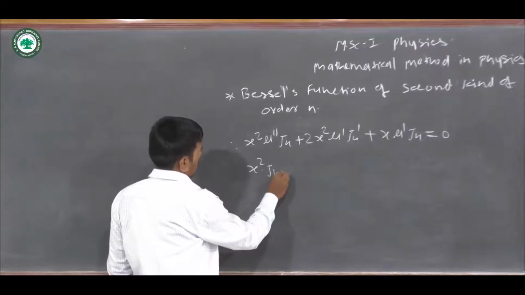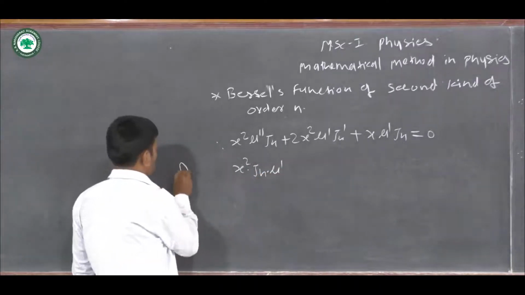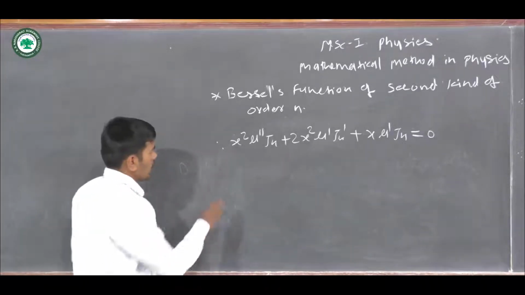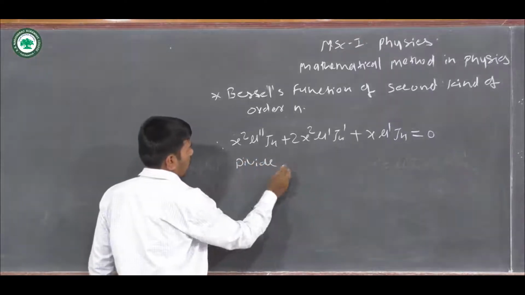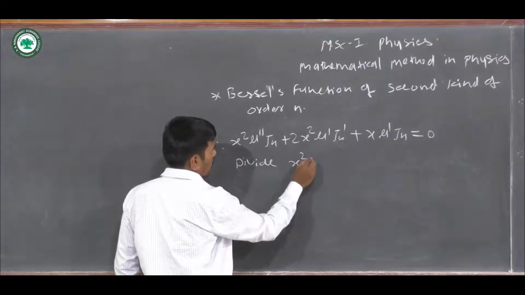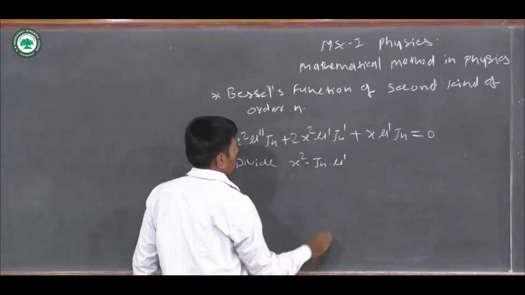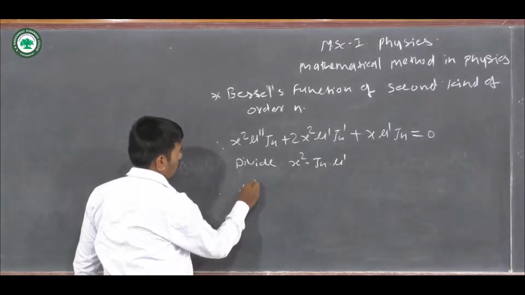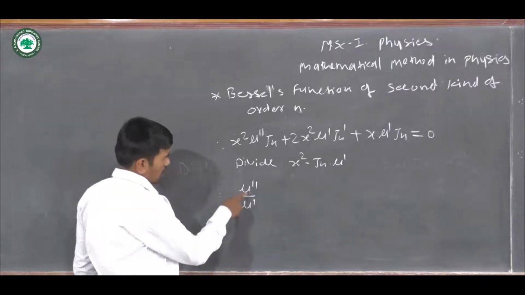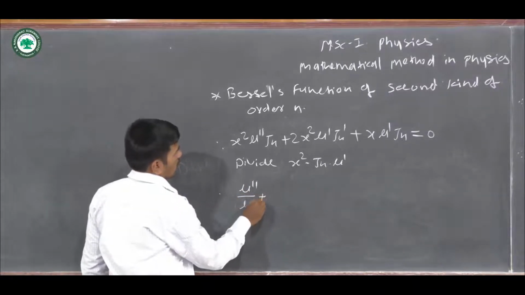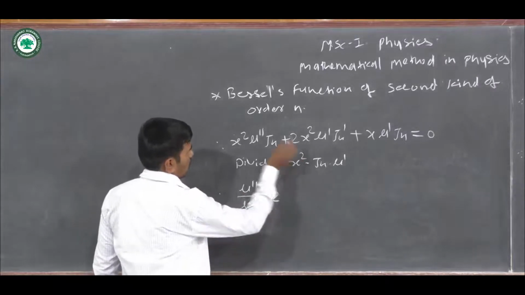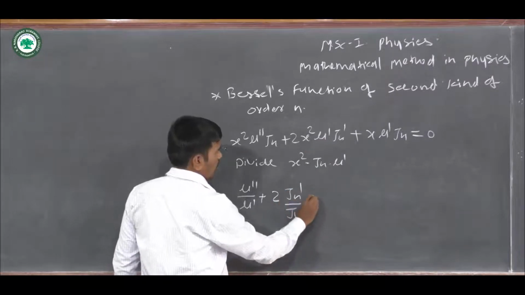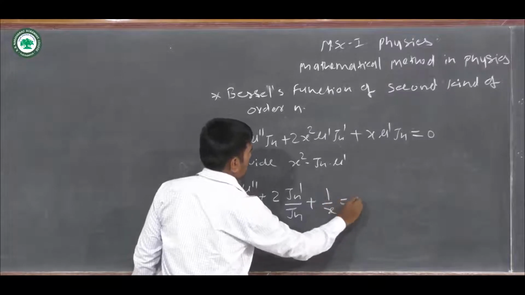Divide this equation by x² J_n u'. Okay, so if I divide this equation, it is like this: u'' divided by u' plus 2, since x² will cancel with u', J_n' divided by J_n, plus 1 by x is equal to 0.